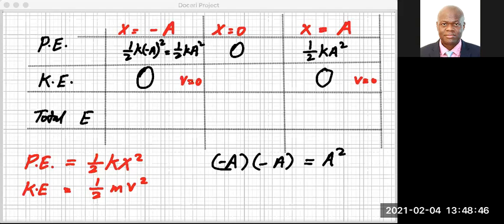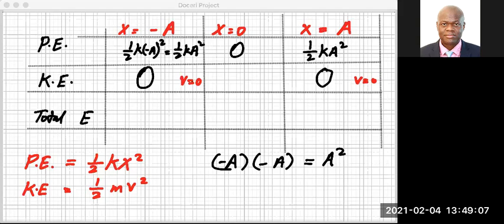So if the speed is 0, that means it starts from 0, it increases as it goes to the left, but once it passes equilibrium, it begins to slow down and then again goes down to 0. So that means the maximum must be midway between the two zeros.